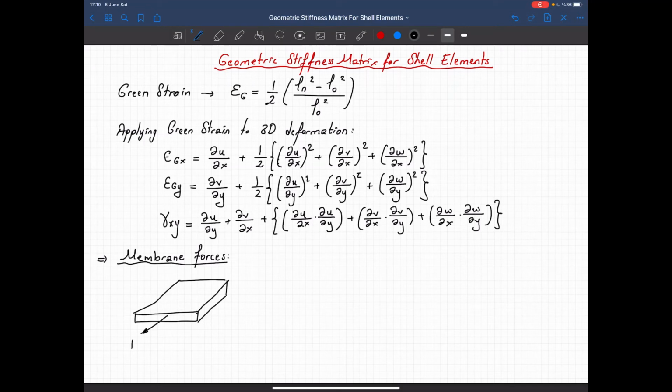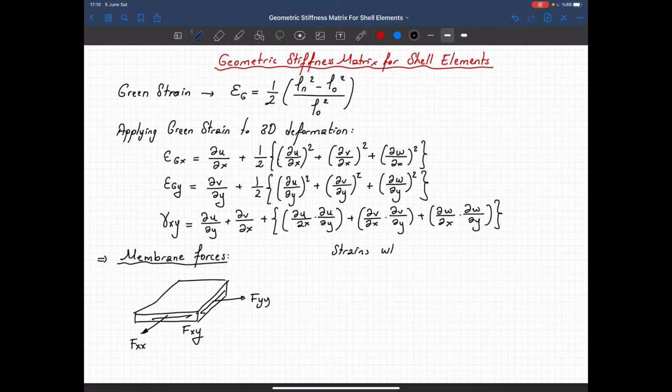So here I have Fxx, here I have Fyy, and I got the shear forces Fxy. Now the strains, now here we are talking about the axial strains.